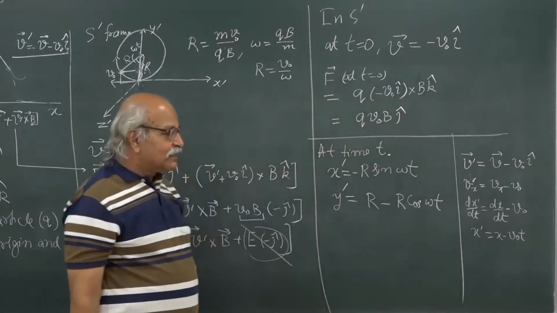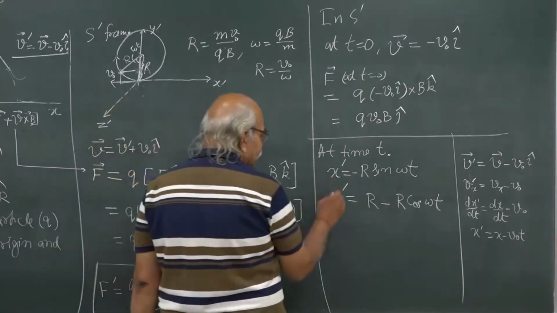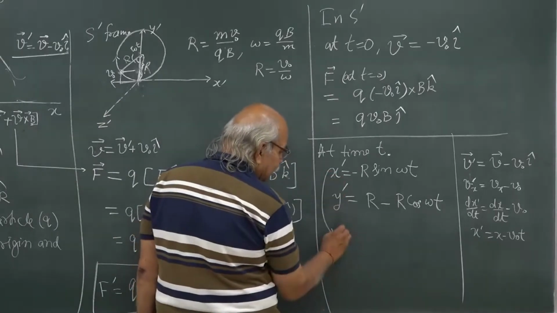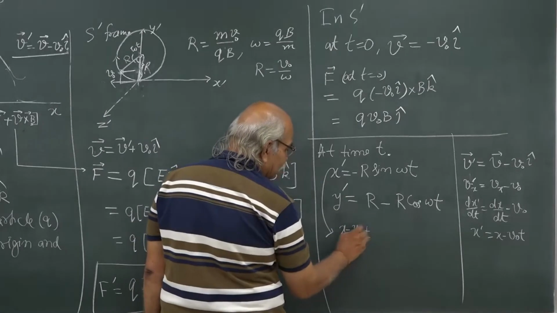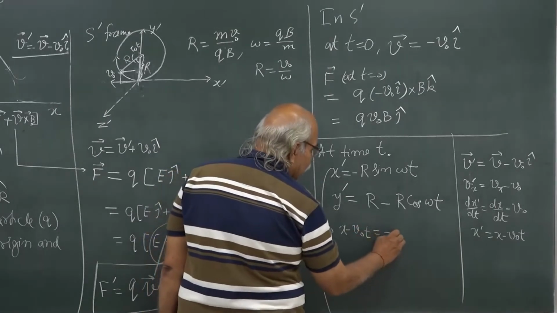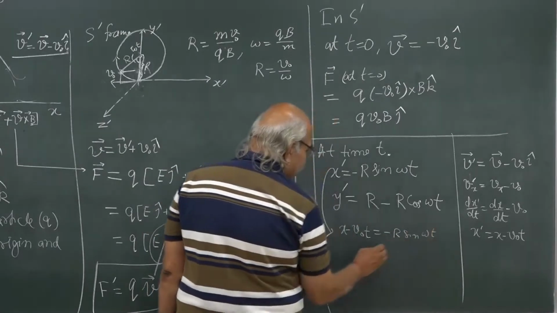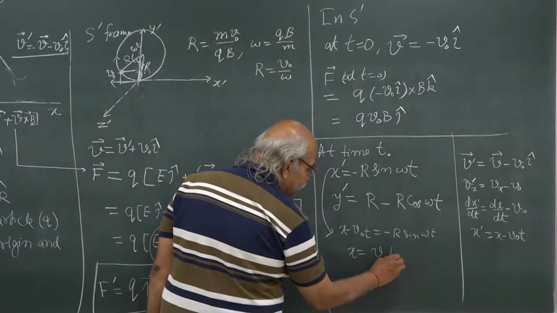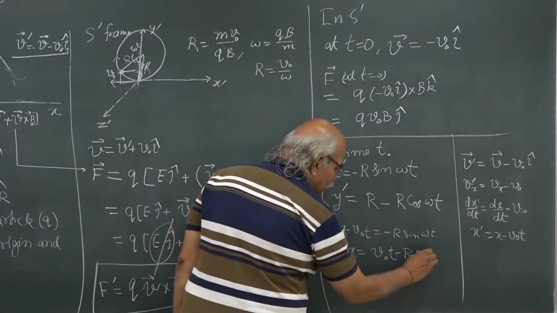So x prime, which is x minus V naught t, is equal to minus r sine omega t, and therefore x is equal to V naught t minus r sine omega t.